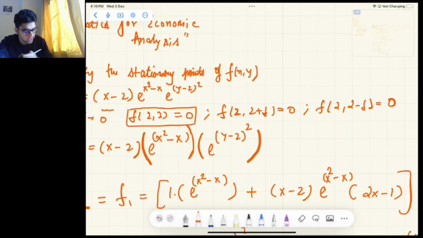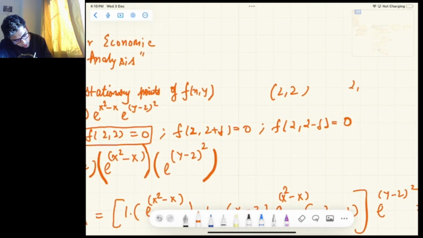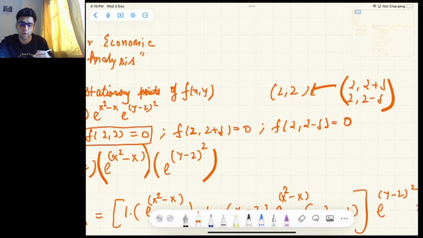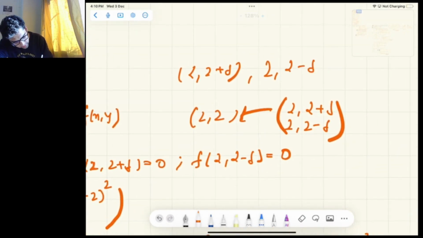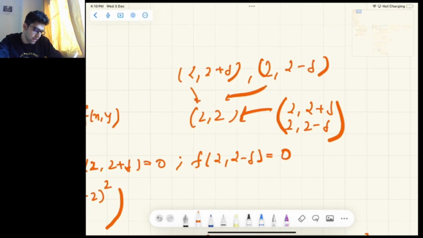Because all of these points around 2 comma 2, so 2 comma 2 plus delta and 2 comma 2 minus delta, both of these points are in the neighborhood of this point, and they are giving the same values as 2 comma 2. So I can in no way say that 2 comma 2 is a local min.